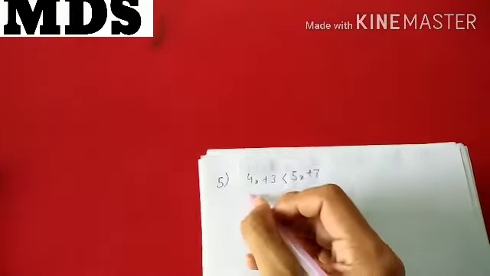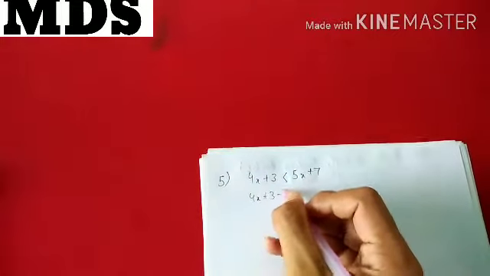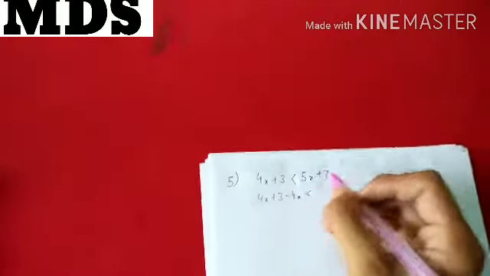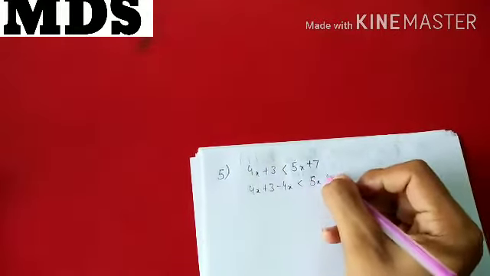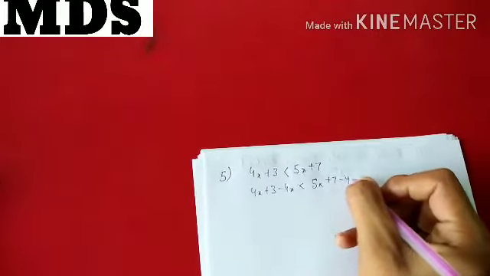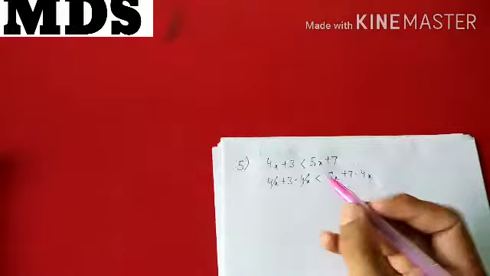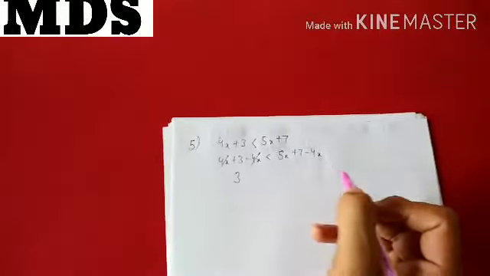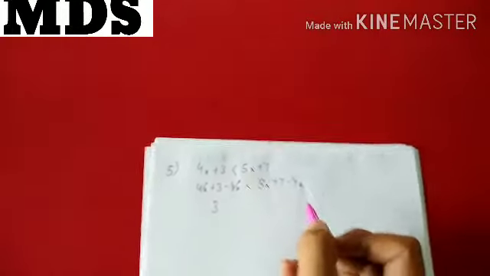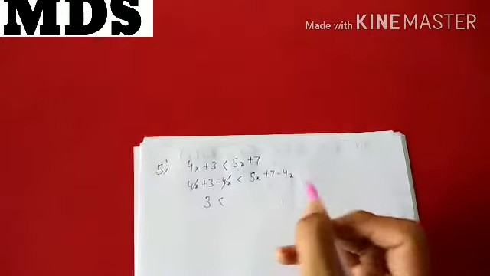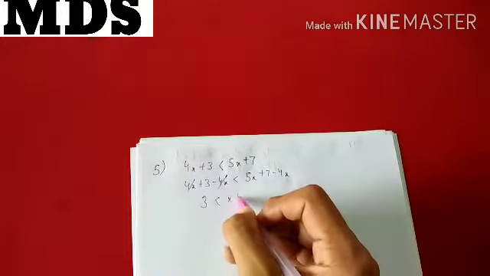So we will get 4x plus 3 minus 4x less than 5x plus 7 minus 4x. So my 4x will be cancelled here. So we will get 3 less than x plus 7.